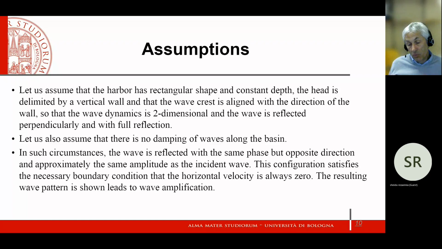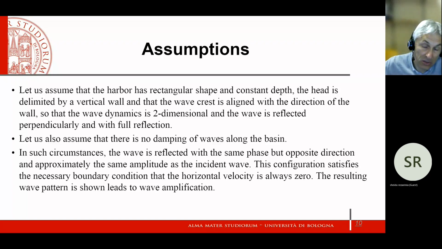In reality, the wall is not perfectly regular, so the wall has an irregular geometry. In reality, we don't have a full reflection. But in order to study the problem, let's take this assumption, which is also conservative. It's conservative because the fact that we don't have a full reflection makes amplification, makes resonance, less concerning, okay?